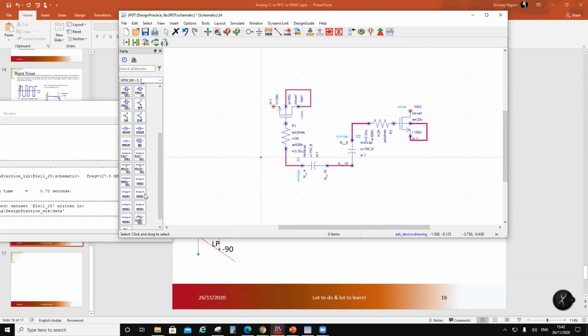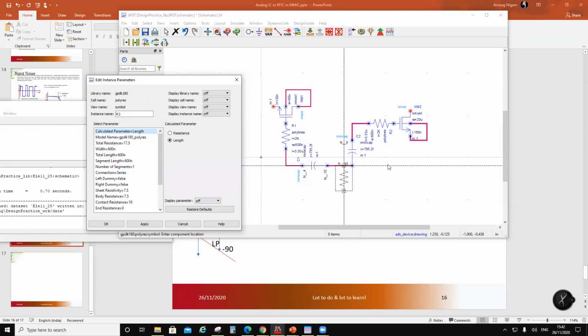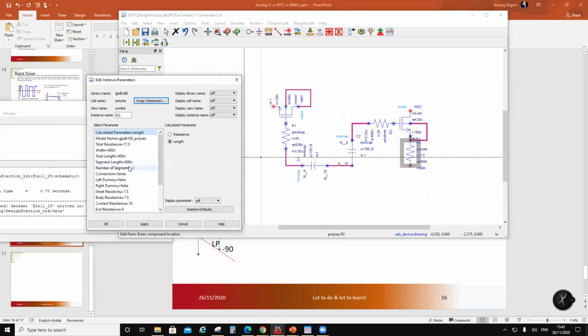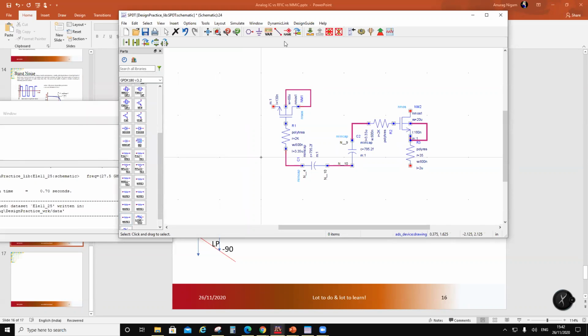So I am going to use low res poly, and this I'm going to make a 35 ohm resistor, right? And this is a ground. So this is all ground.